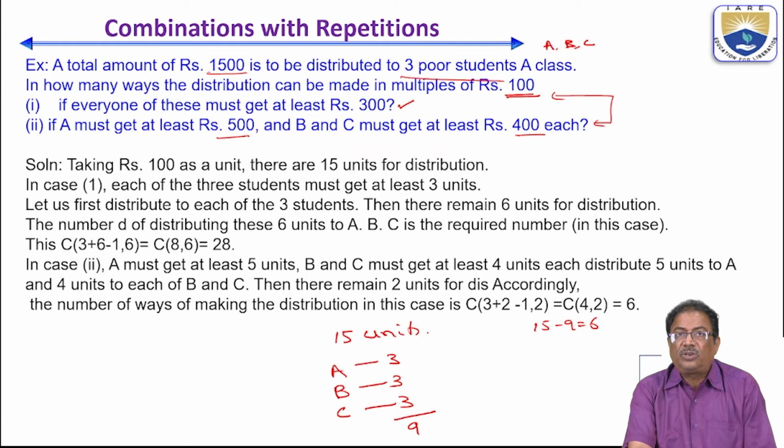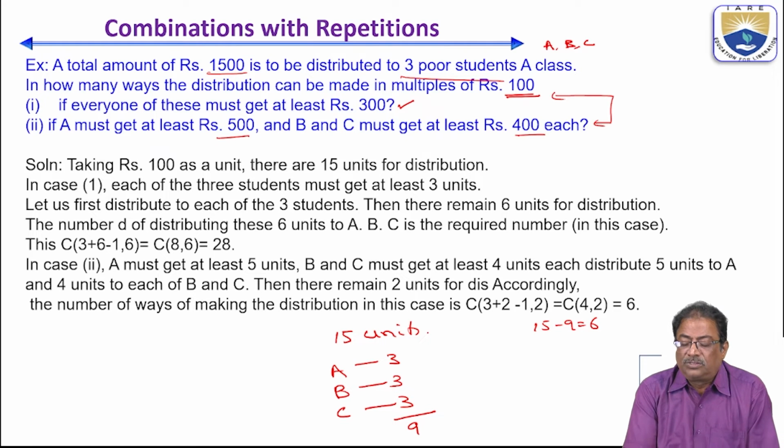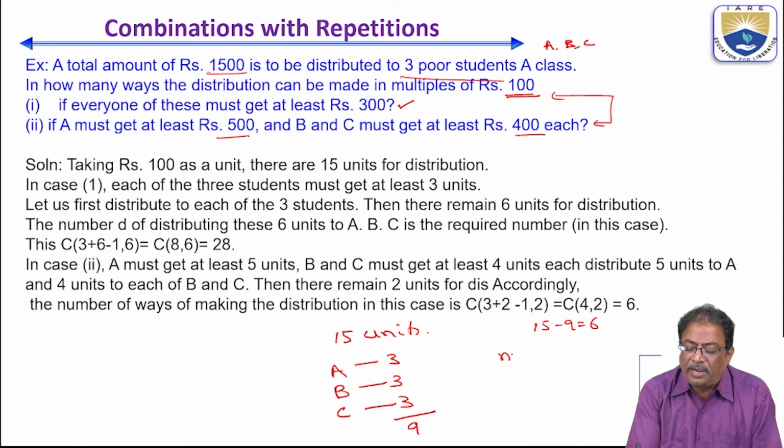So 6 units, in how many ways is the distribution going to take place? So here n is equal to 3 candidates and r is equal to the remaining 6 units, or 600.